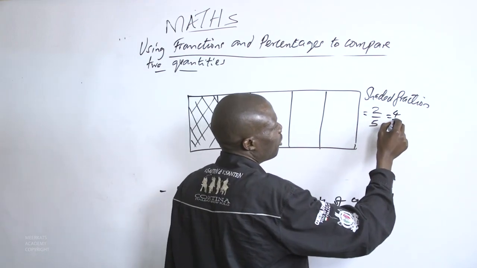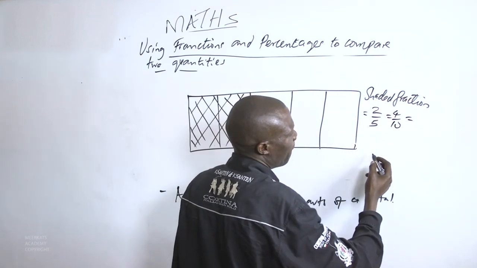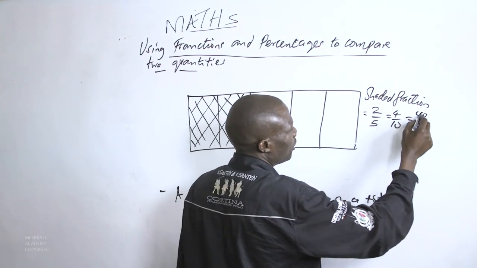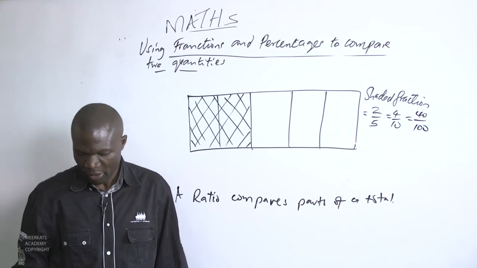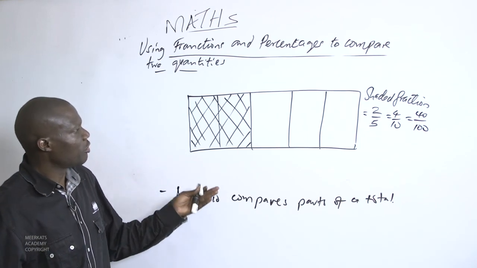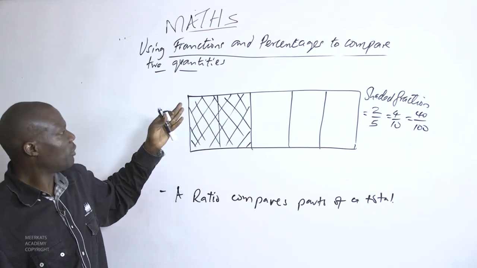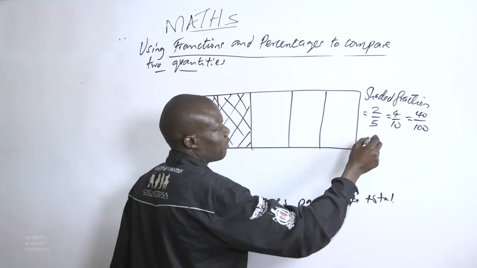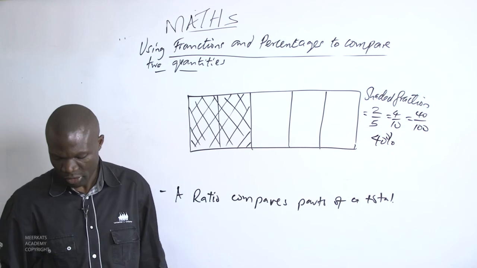It is the same as 4 over 10, or we multiply by 20. That will give us 40 over 100. So if you are asked to express the shaded part as a percentage, then we shall say the shaded part is 40% of the total.